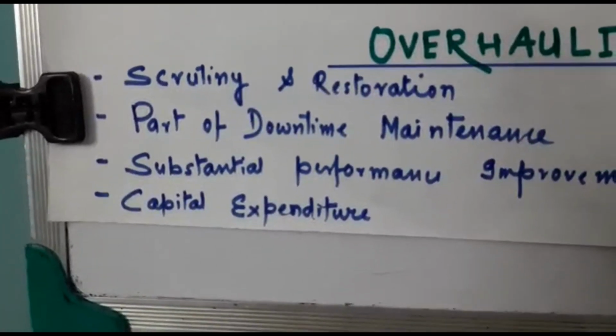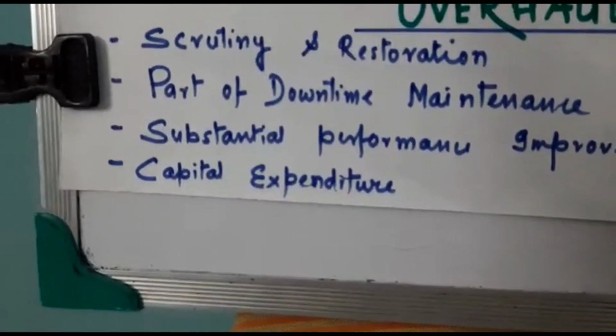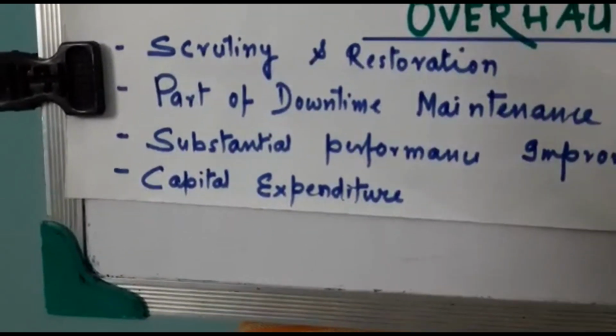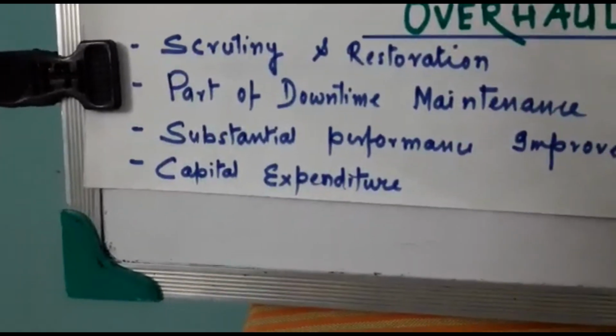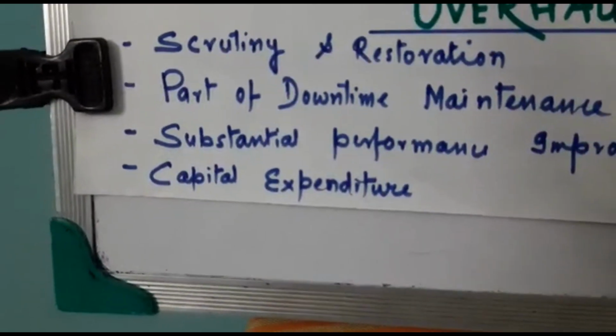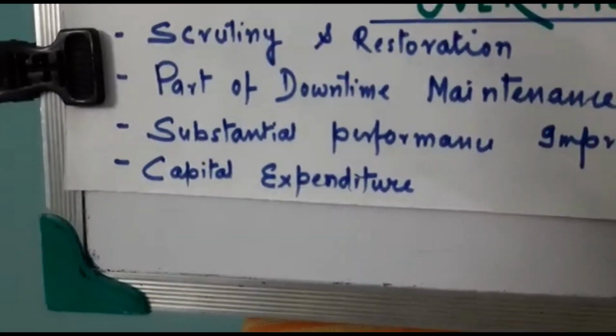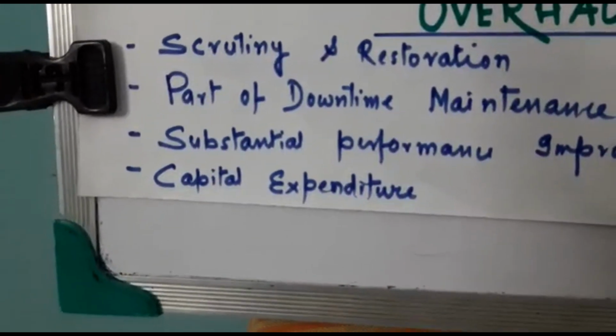However, the objective of overhauling is not routine maintenance. You have to understand that the objective is not the same as that of routine or planned maintenance, but the objective of overhauling is to have substantial performance improvement in the machine, and for this it may involve extensive material change.